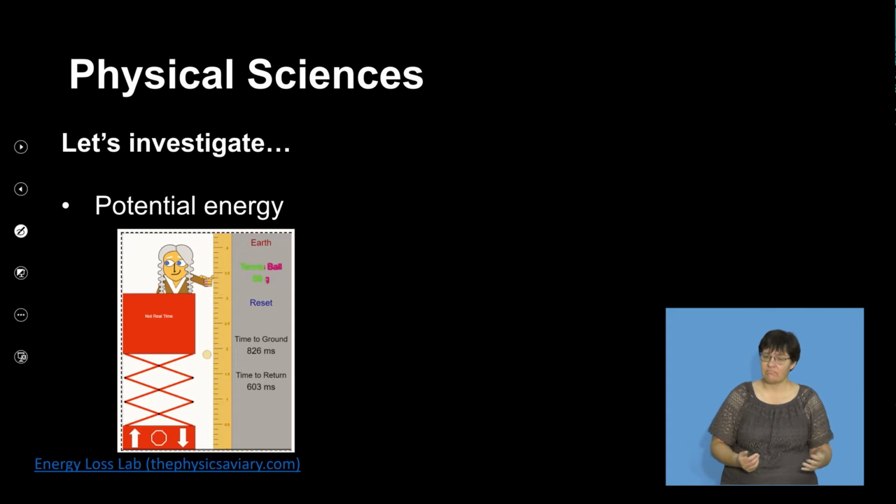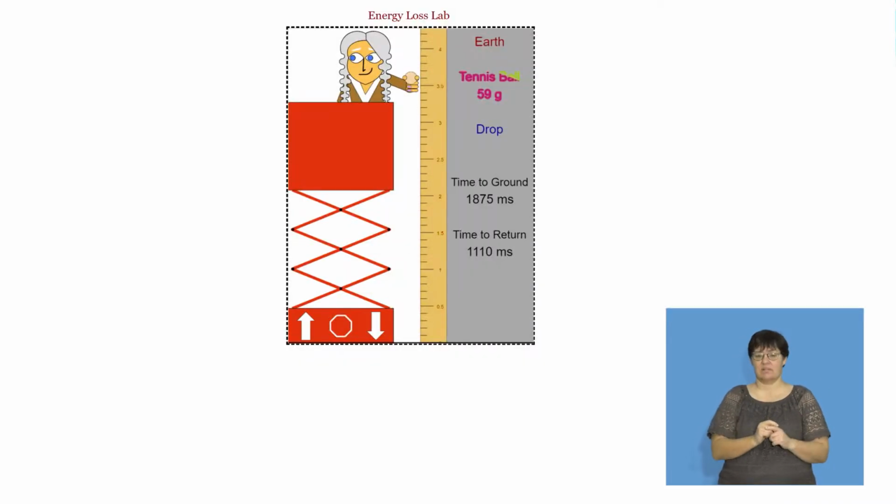Let's look at potential energy. And again, I've got something to show you, but we're going to do some calculations with it. So I'm going to get that side ready. And here we go. Here we have a scientist who is going to drop a ball from a height. At the moment, it's at 3.6 meters above the ground. I'm not going to worry too much about the time.